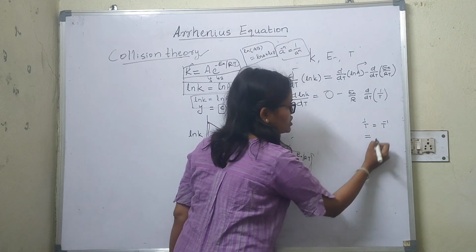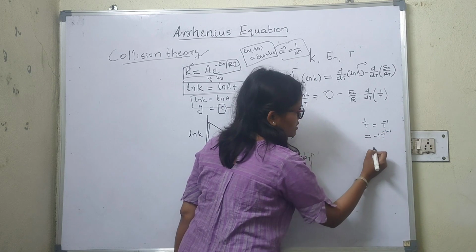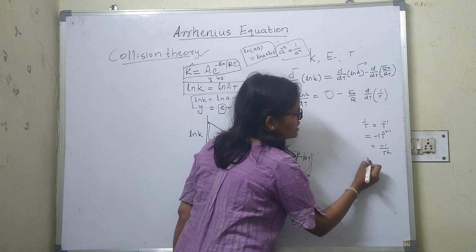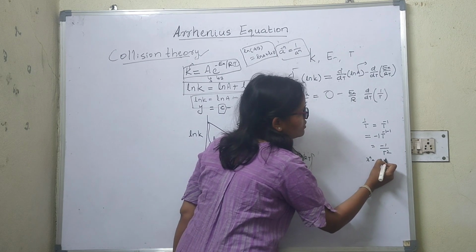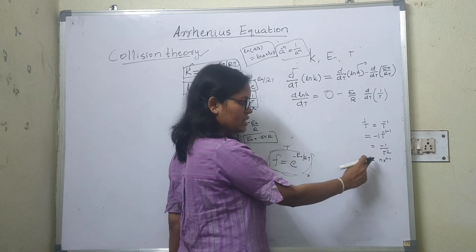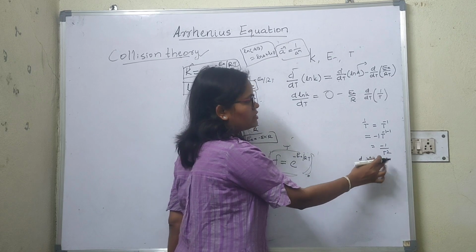So what will be its differential? Minus 1 into T power minus 1 minus 1, that is minus 1 by T square. We know that d by dx of x power n is n into x power n minus 1. So I have used the same formula here.